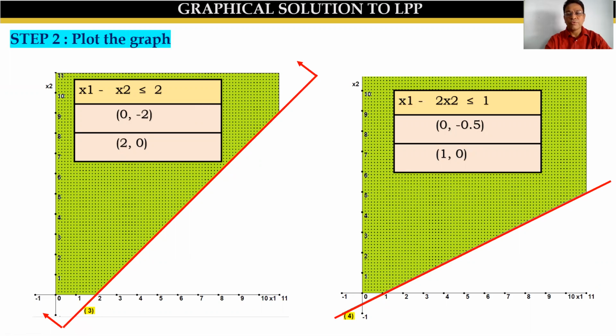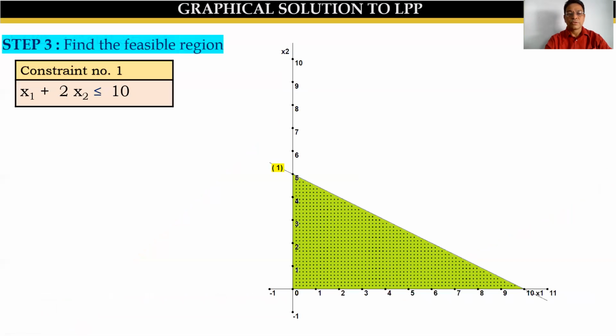Now next what? We have got all the 4 constraints and we have got all the 4 plots for them. We'll merge all of them and find the feasible region by agreement of all the 4 constraints. So the third step is to find the feasible region. The first constraint says that this is the feasible region, which is shown by the green shaded region.